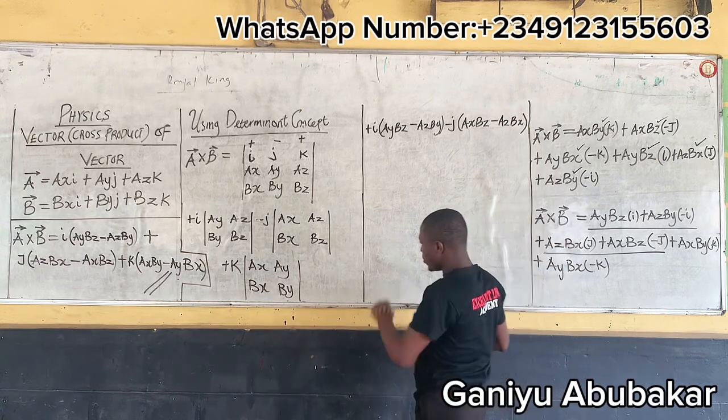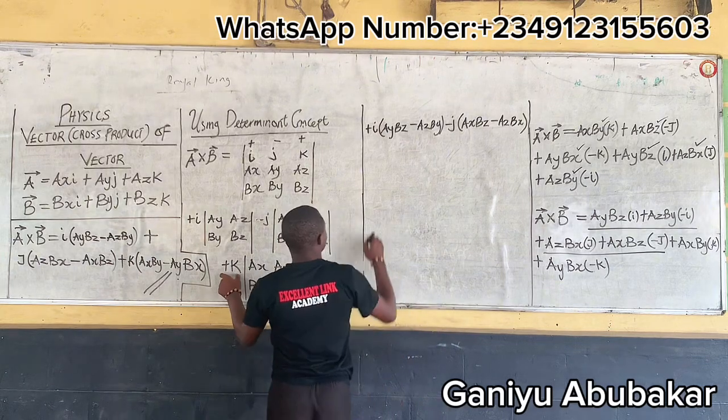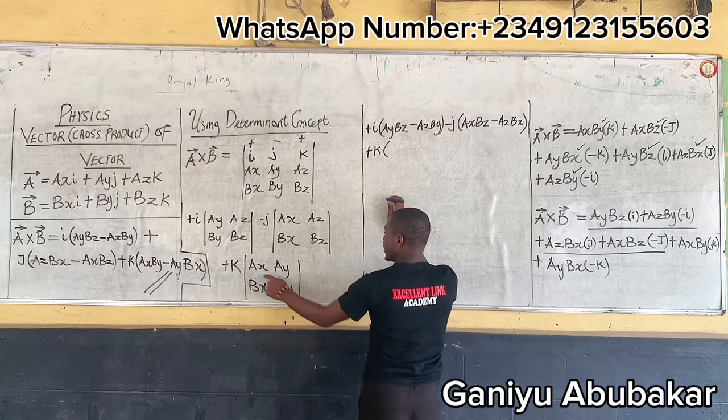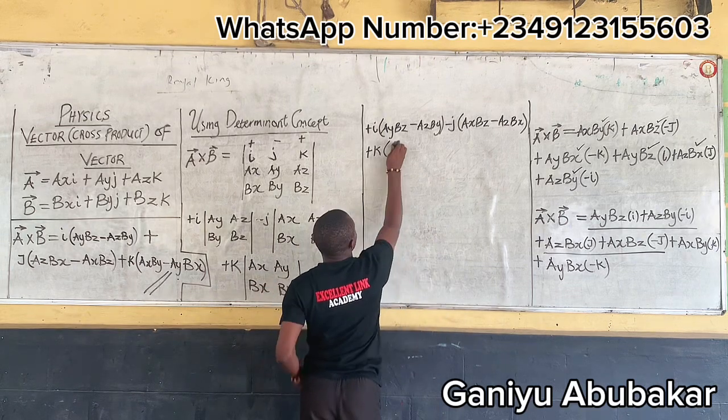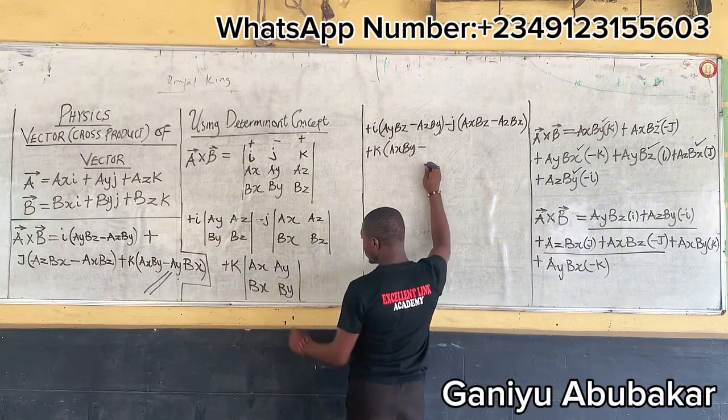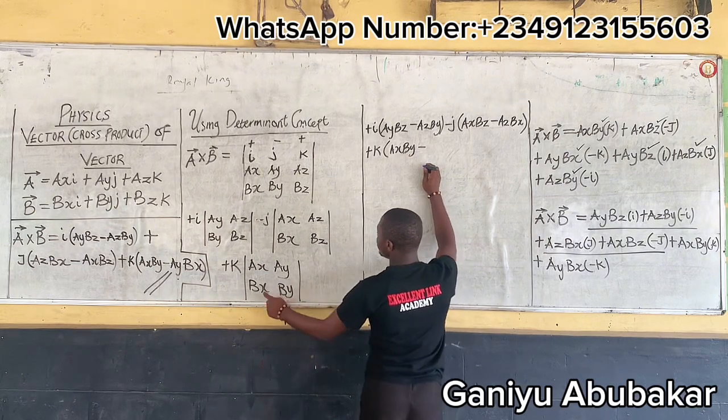I have this. Next up, plus K into this and this: AX BY minus AY BX.